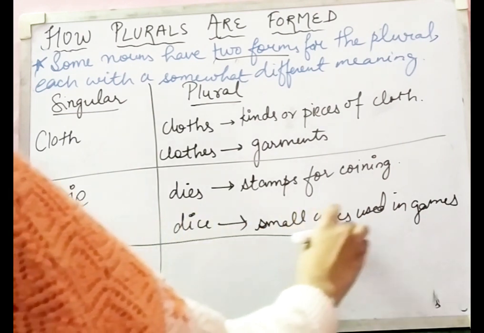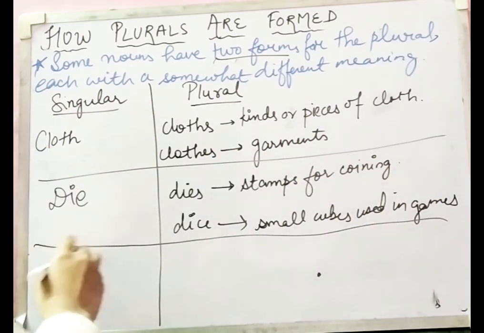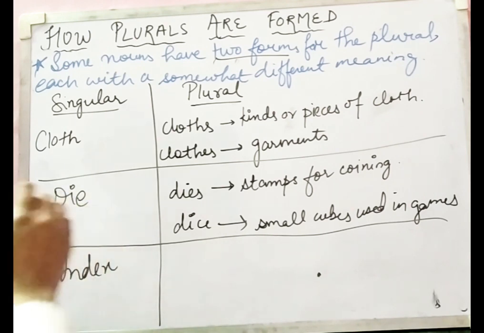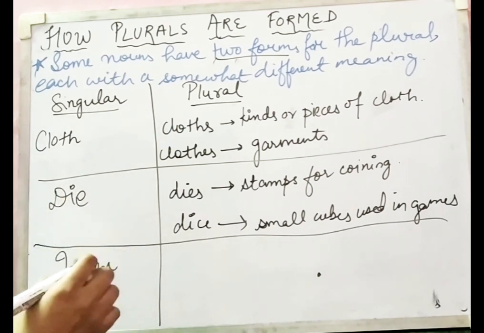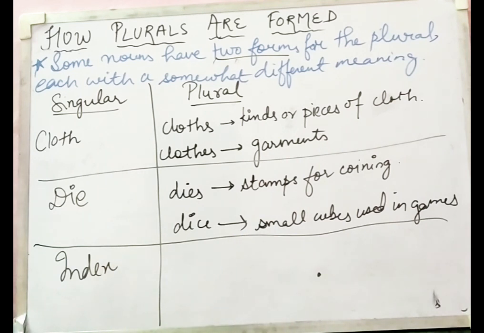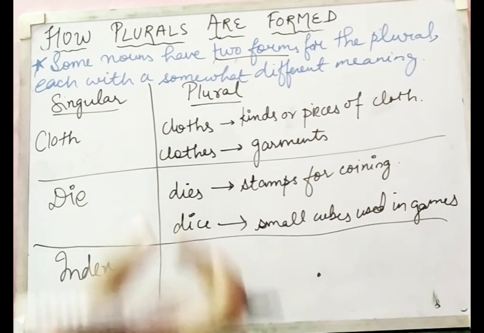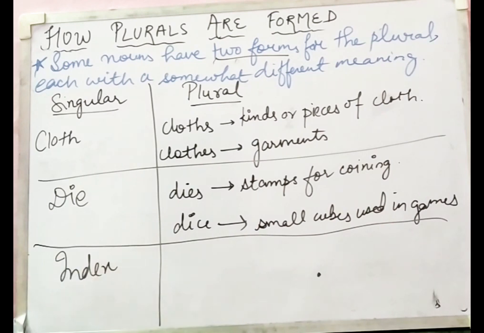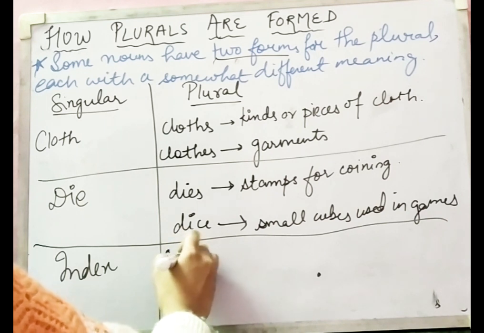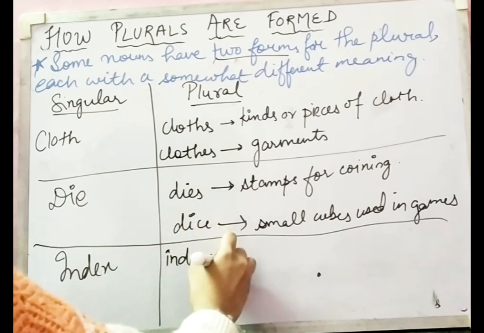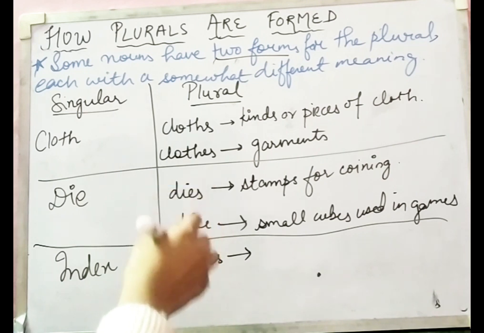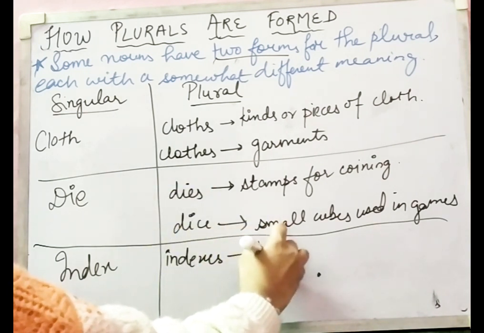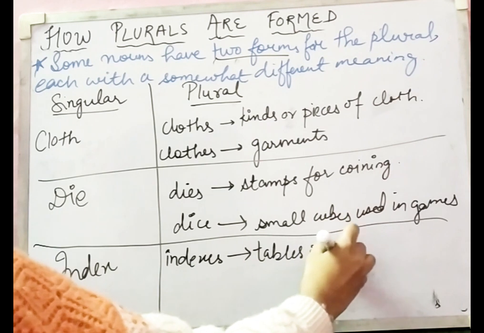Similarly, we can take one more example of this only, like index. One index is what you make for contents in school. If you have to make a project, you will first make contents, like first is introduction, then acknowledgement, and then last bibliography, something like that. Contents means first is indexes, that is tables of contents to books.